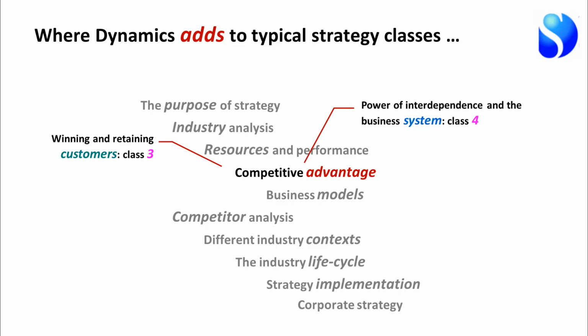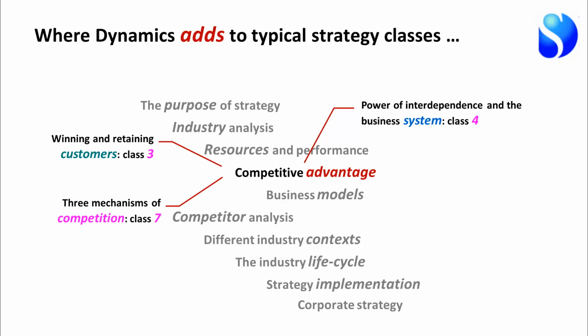You can go on from there and discuss the power that comes from the interdependence of the resources in the business system itself. So one firm has a competitive advantage over the others, not simply because it's got more things, more resources, more cash, better products, or more customers. It's because this system works more powerfully than theirs does because of that interdependence.